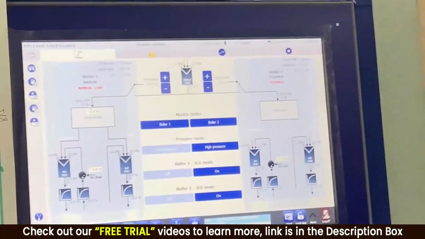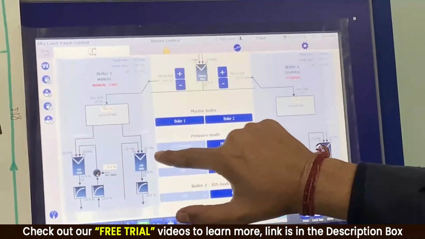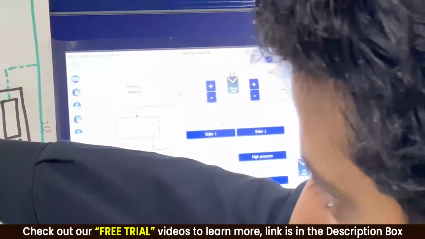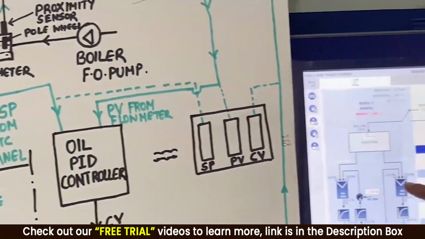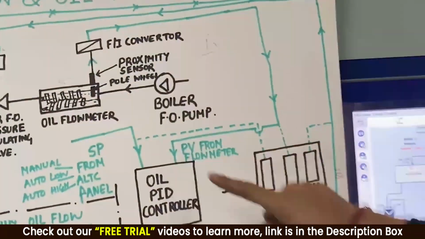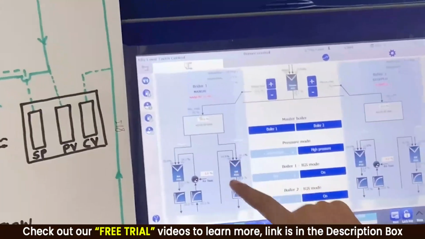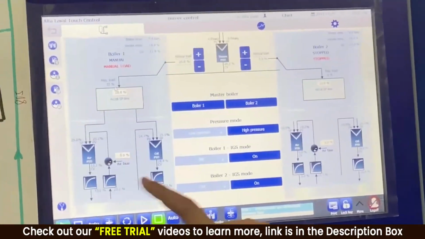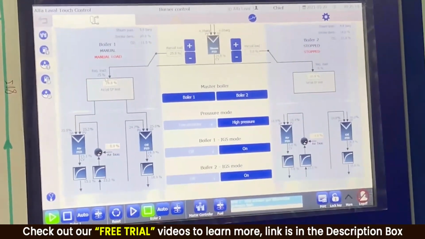The requested load is 25%, the set point is 25%, right? Can you see the PV value? The PV value coming from the flow meter is 24.5%, right guys? The CV value is 18.6% over here, and after this correction curve, it is again the same, 18.9 to 18.9.